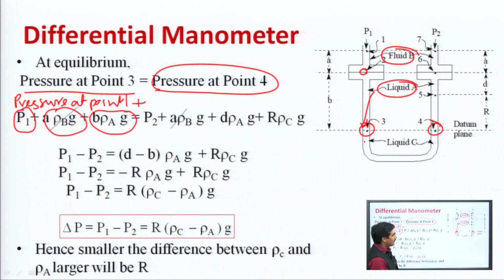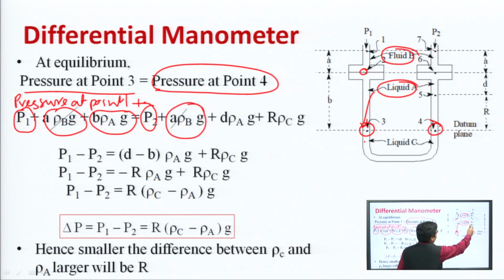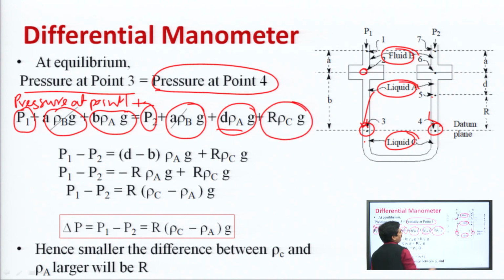Similarly, on the other limb, pressure at point 4 is equal to the sum of all the 4 pressures. That means, pressure at point 7 is P2, pressure at point 6 due to fluid B is A rho B g, pressure at point 5 due to liquid A is D rho A g, and pressure exerted by liquid C between points 5 and 4 is R rho C g.